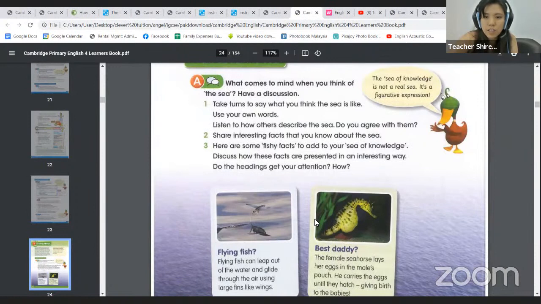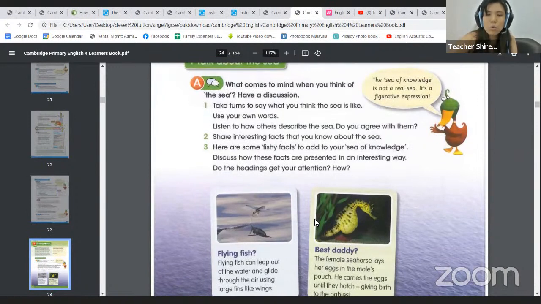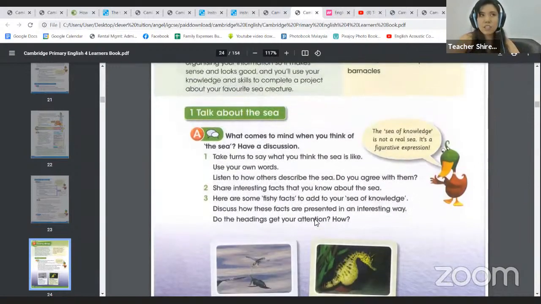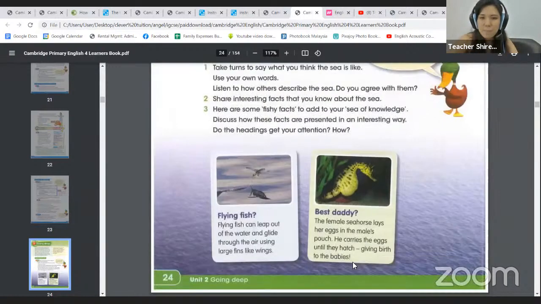Seahorse, who is it, the daddy or the mommy that actually carries the baby? Who is the one pregnant here? Is this a male or female? It's the daddy.